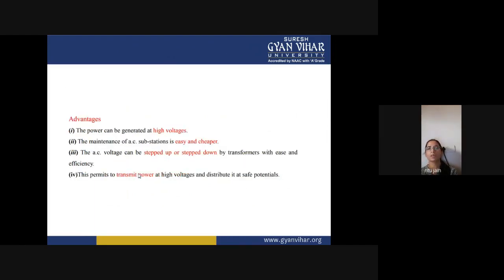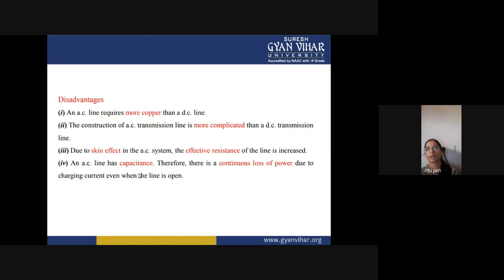Power can be generated at high voltages, and the maintenance of an AC substation is easy and cheaper. The AC voltage can be stepped up or stepped down by a transformer with ease and efficiency. This permits us to transmit power at high voltages and distribute it at safe voltage. An AC line's disadvantage is that it requires more copper than a DC line.